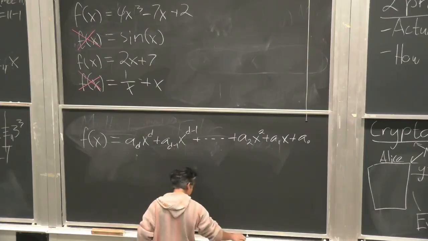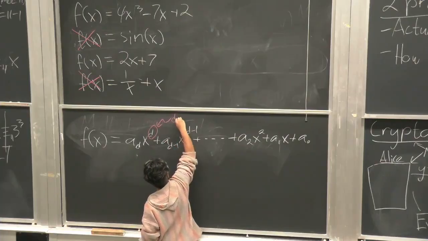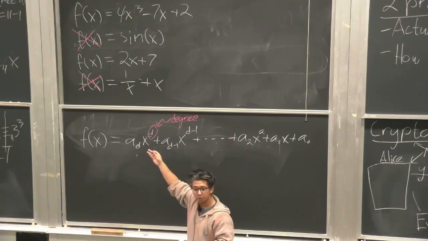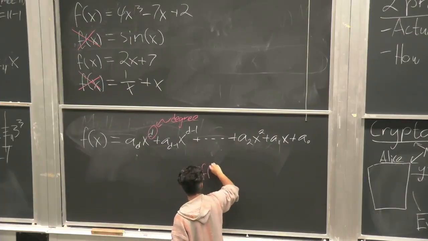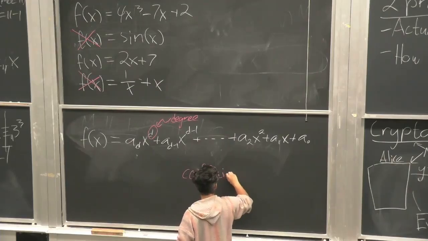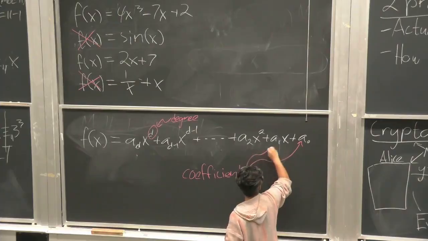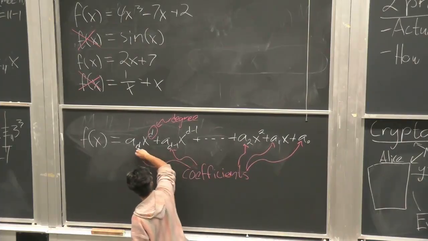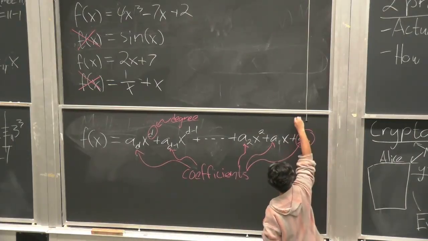And we have special names for these things. Degree is the highest power. We have what are called coefficients, and those are just the constants that are in front of everything. You could have different terms for the constant term too.